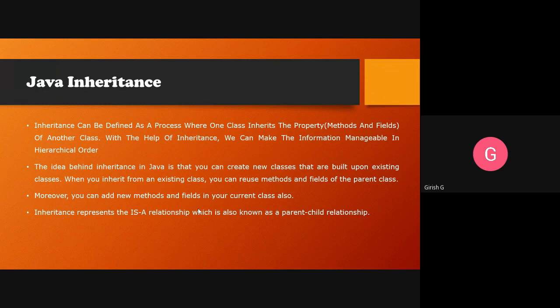In the same way, in programming we have a parent and child relationship between two classes. Suppose you want to get attributes, functionalities, behavior or methods from one class to another class.